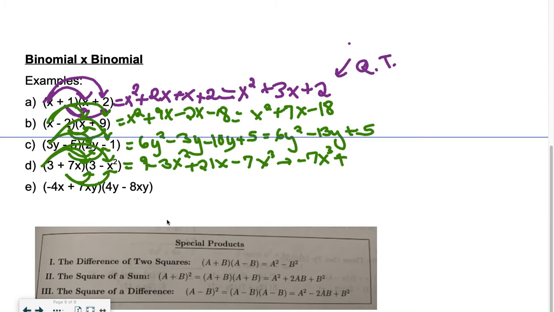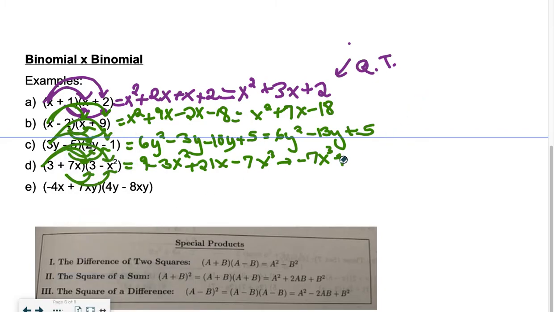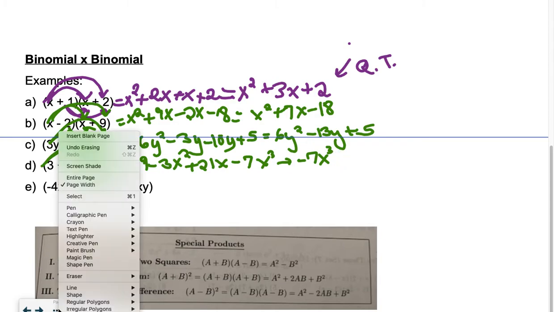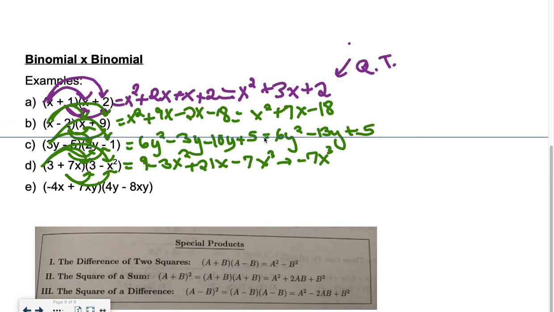That's a minus 3x squared, so let me actually get rid of that. That should be a minus, not a plus. My apologies. Remember that the standard form is going to be where the exponents descend in order. So negative 7x cubed minus 3x squared plus 21x plus 9.